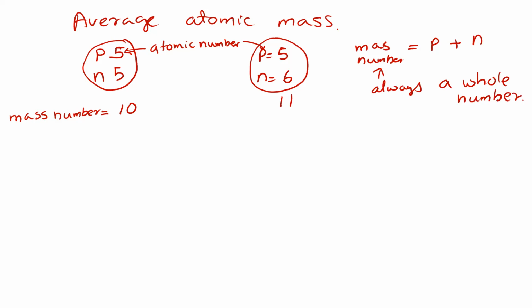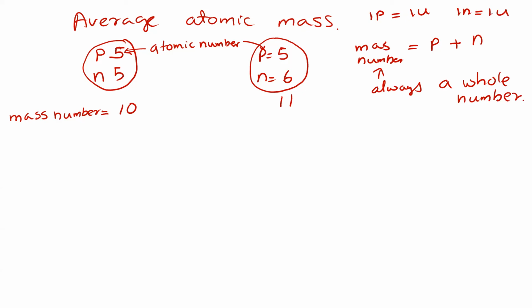Now, a while ago, we learned about the unified atomic mass unit. According to that, one proton weighs 1 unified mass unit, and one neutron is also one unified mass unit.